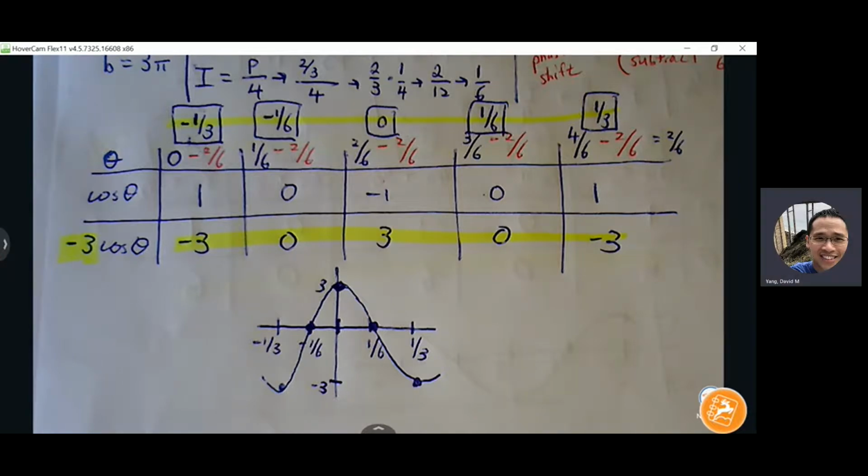Okay, we're going to look at 13 and 14. Go through this in detail here. We're going to write.